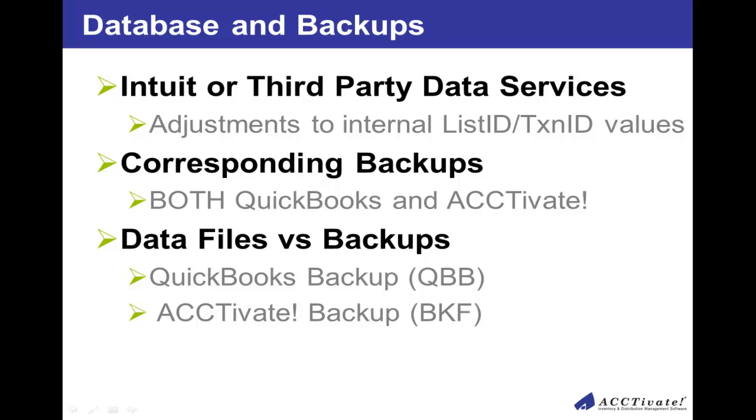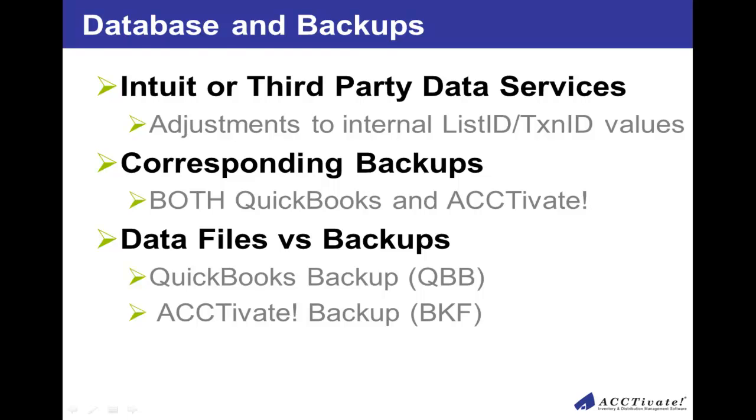So if you do work with Intuit or any third-party data services to do maintenance on your QuickBooks file, just be sure you ask the right questions and let them know that you are using an integrated application like ACCTivate, and they will advise you on whether they will be damaging those internal keys.